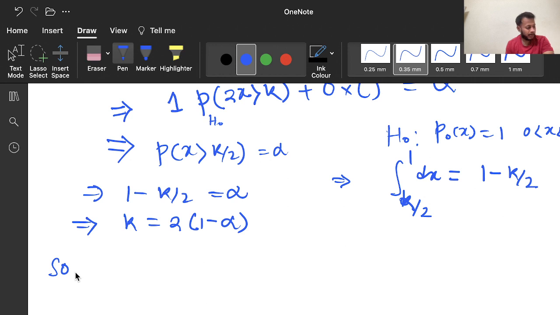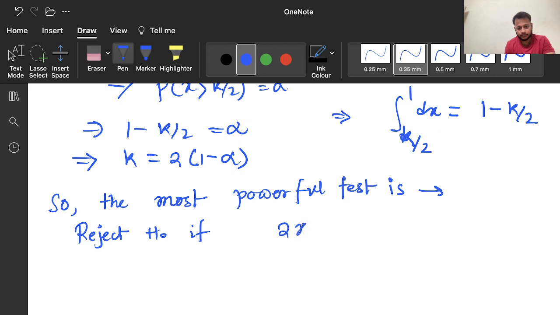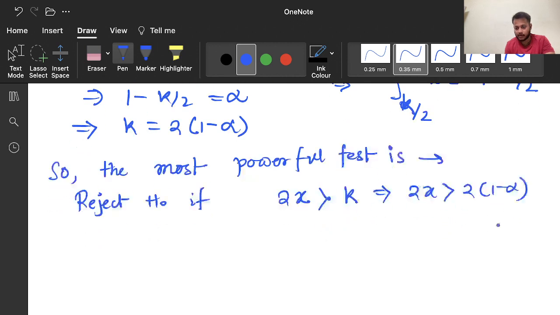So our most powerful test is: reject H0 if 2x is greater than k, that is 2x greater than 2 into 1 minus alpha.